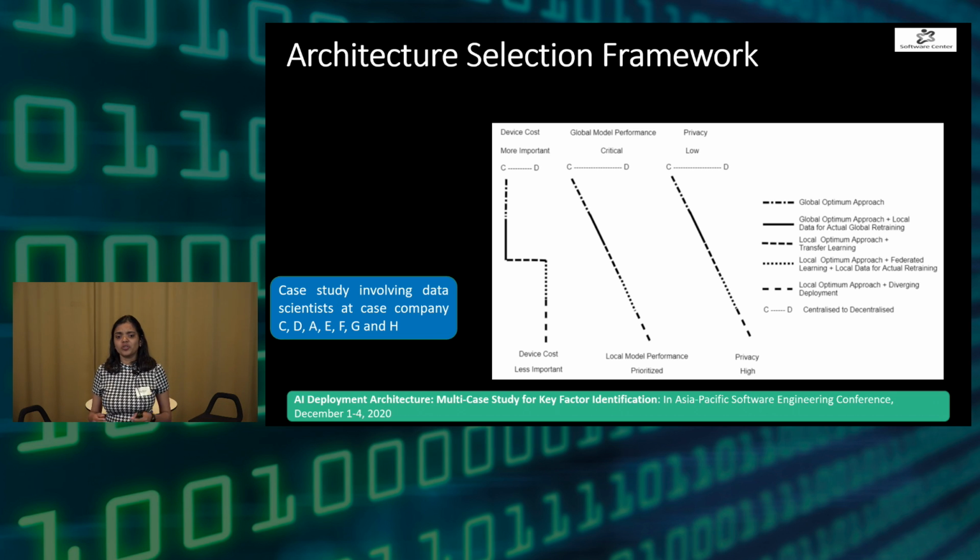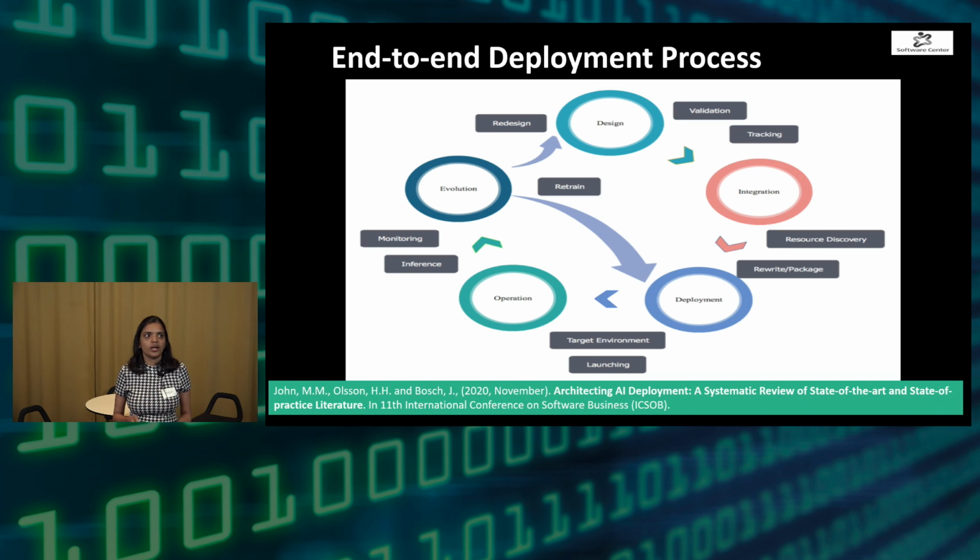But if you have to prioritize some factors, whether you are looking for more device cost or less device cost, or more global model performance or local model performance, we tried to figure out which particular architectural alternative suits you best, whether the centralized one, the decentralized one, or a mix of decentralized and centralized.